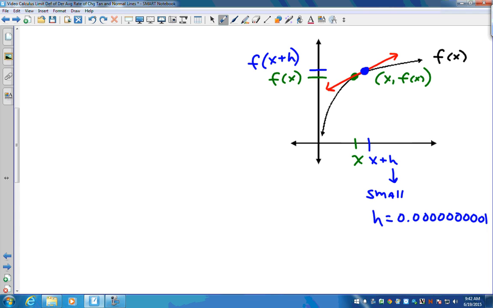So if we have these 2 points and we're trying to find the slope of this red line, we could do that, right?